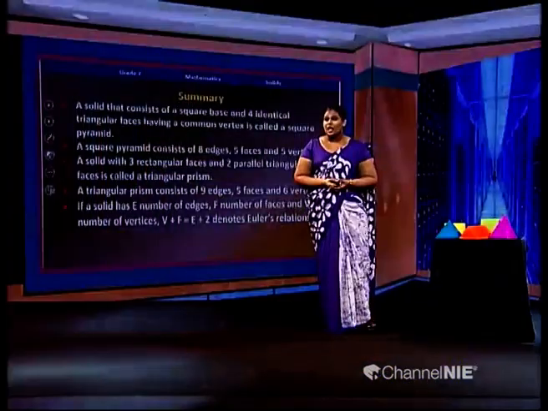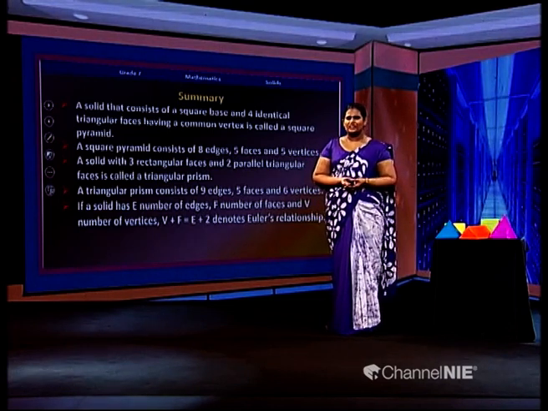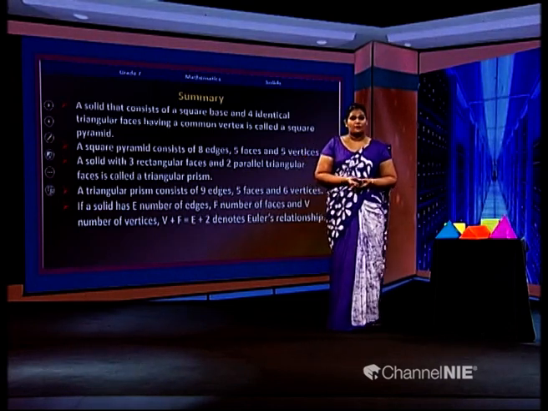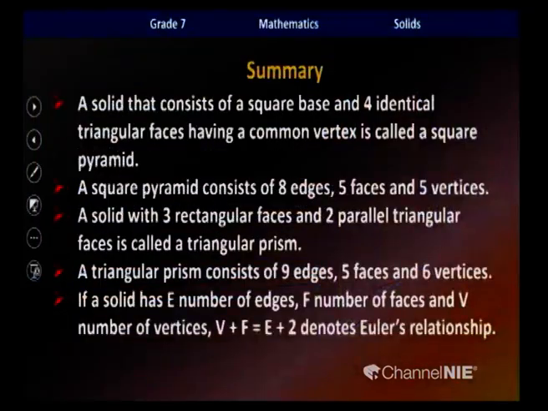Right. Okay. I think you have got the answers correctly. Right. Now, before we wind up the lesson, we will quickly go through the things we have learned today. First of all, we have recalled the previous memory, that means the things you have learned previously. Then we have moved on to the grade 7 lesson. There you have learned that the solid that consists of a square base and 4 identical triangular faces having a common vertex is called a square pyramid.